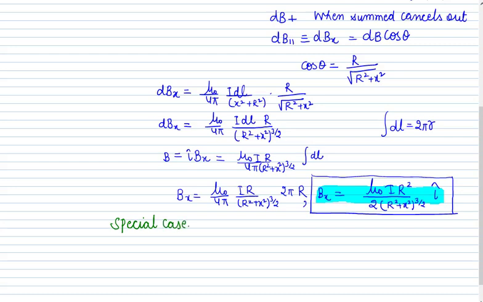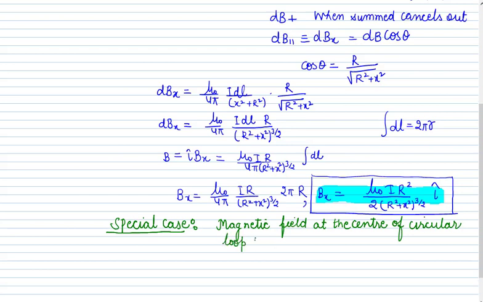So that is a special case. So magnetic field at the center of the circular loop. So it implies the value of x is equal to 0.